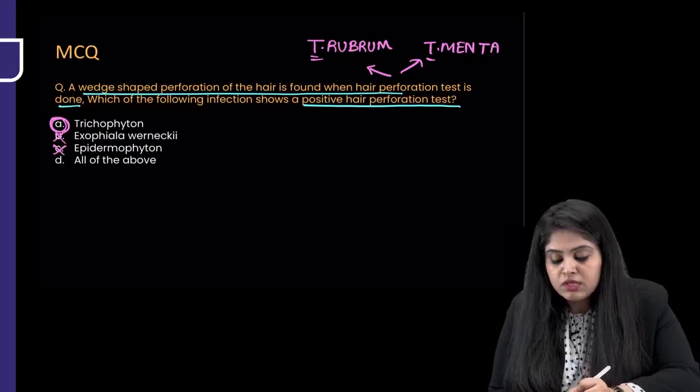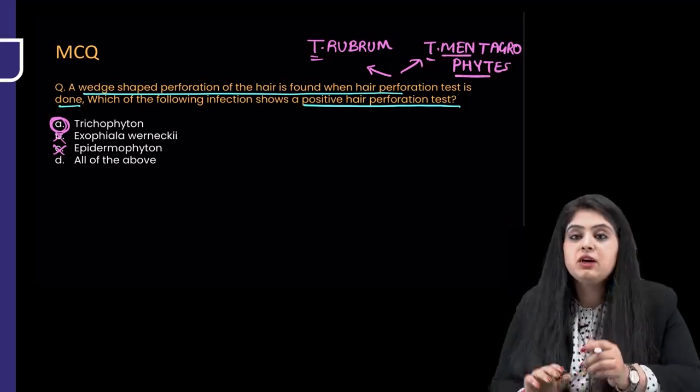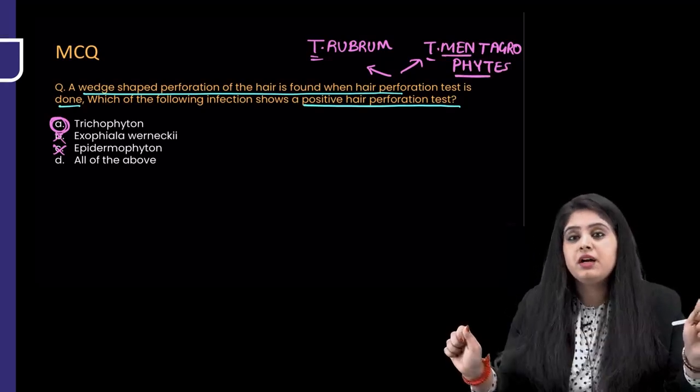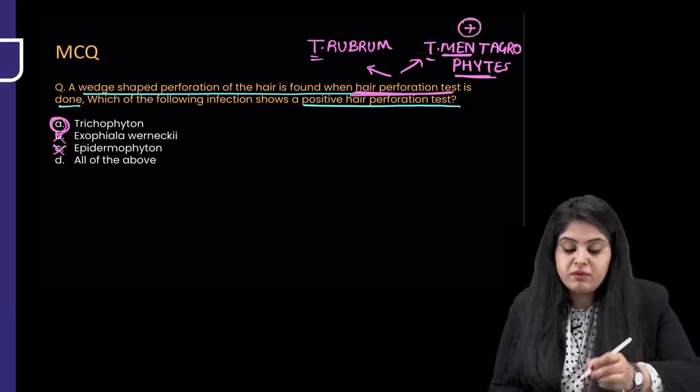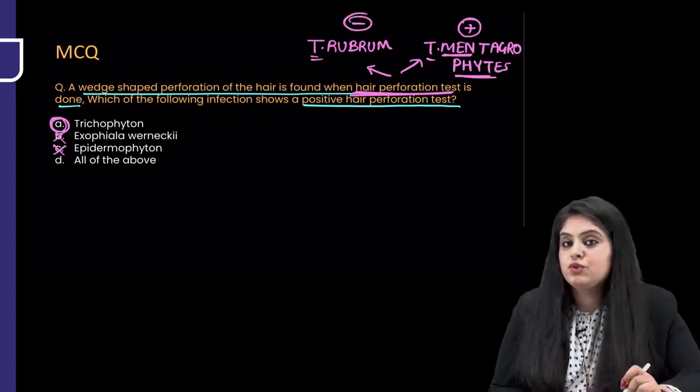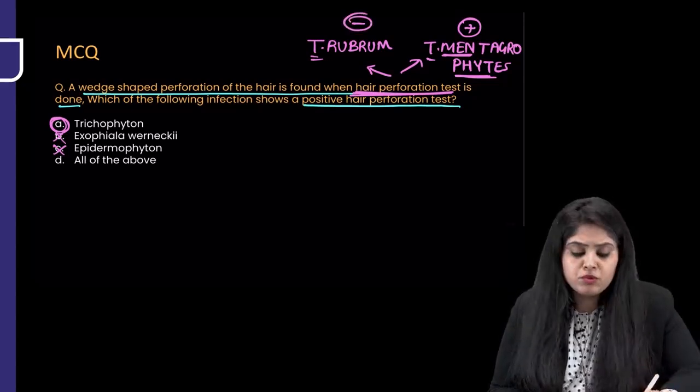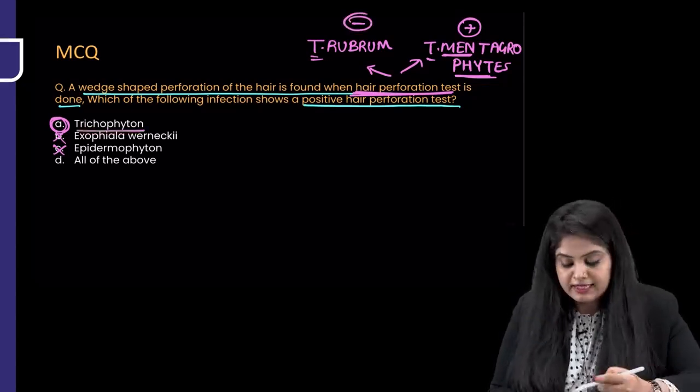So when we wrote Trichophyton mentagrophytes, what had we learned? We had said men are fighting and they are going to tear apart each other, right? So perforation is going to be done by men fighting. So the positive hair perforation test was by mentagrophytes and rubrum was showing you negative. So over here there is no such option, only Trichophyton is written, so I'll select that.